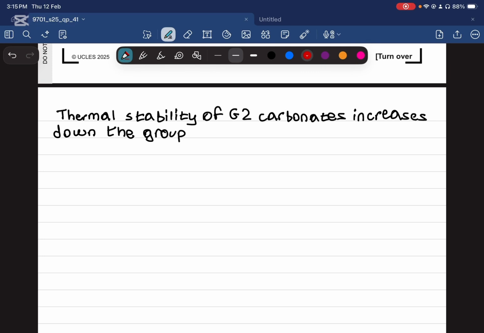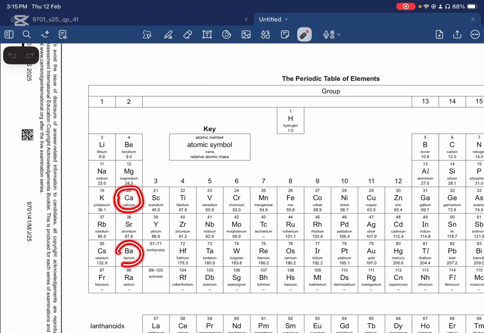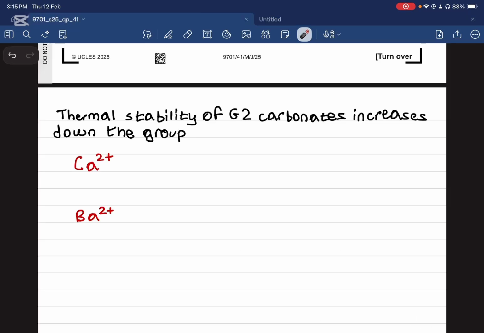Let's just understand this. Now, let's compare a calcium ion and a barium ion. If I can ask you this, which one of these two ions has a bigger size? I'm going to go back to the periodic table. Calcium or barium? Most of you will say barium, and that's right, because when we go down the group, the size of the ion increases.